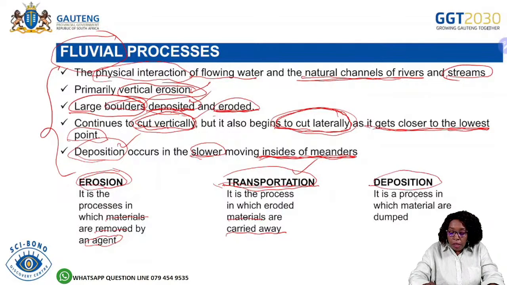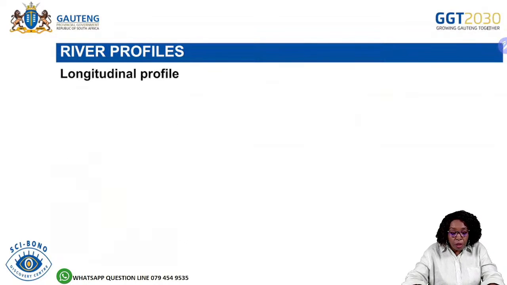So here now it is the process in which material is dumped, or we can say it's laid down. So all the eroded material that is carried by the water is transported. Some of it would be too heavy for the river to carry through, and then it will be deposited. And then the other thing that would determine the deposition is where the river starts to flow slower, and then it will lay down, or dump, some of the material that it was carrying with it.